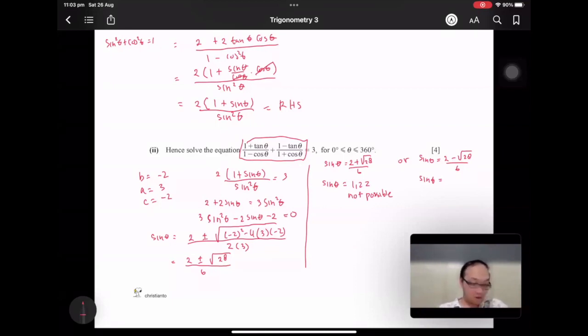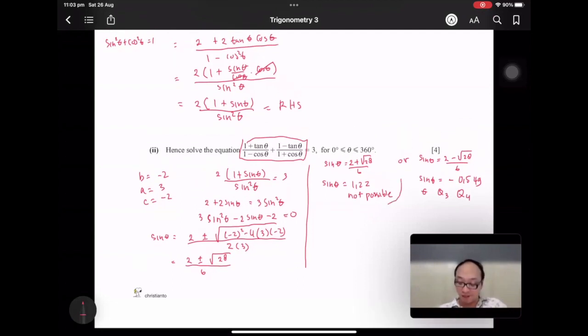So this one is negative 0.549. So this is possible. So theta negative will be in the third quadrant and fourth quadrant, since sine is negative.